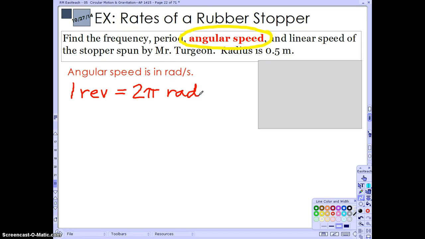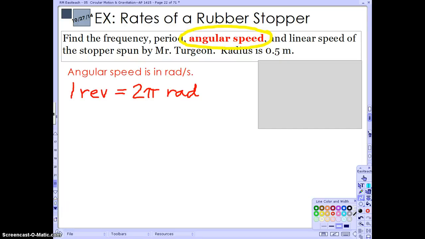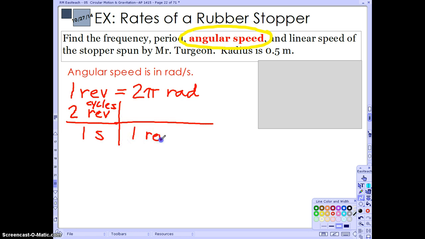So I'm going to write down, I like to go from frequency, so if my frequency is 2 hertz, I'm going to write down 2 revolutions. This could also be cycles. Okay, it could be oscillations. 2 revolutions per 1 second. Notice how I'm writing that? Now I'm going to extend this line. I'm going to do the chemistry dimensional analysis kind of thing. And I know that 1 revolution is 2 pi radians.